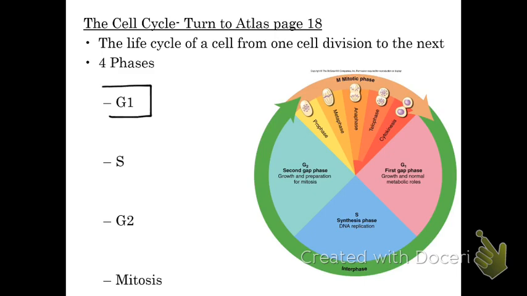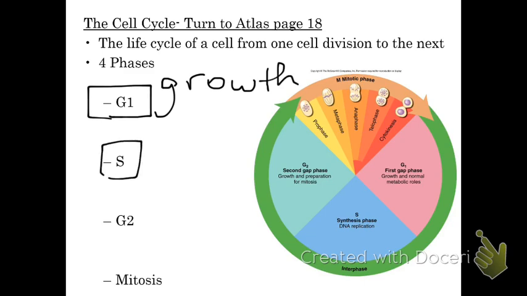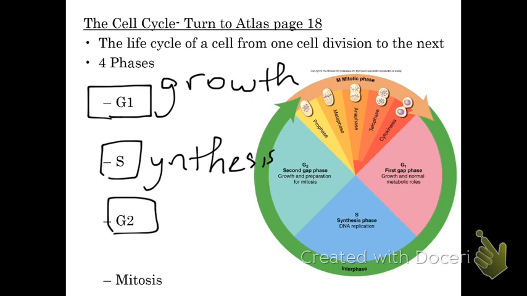There's G1. Some books will refer to that as the growth phase. Okay, the growth phase, G1. There's an S phase, S for synthesis phase. There's a G2 phase, which is a second growth phase, or some books will call it a gap phase.